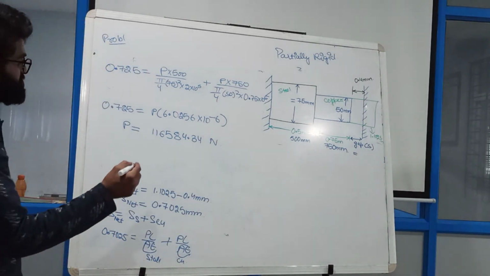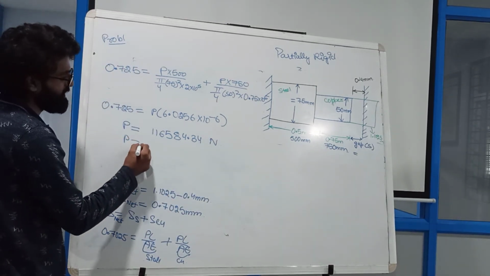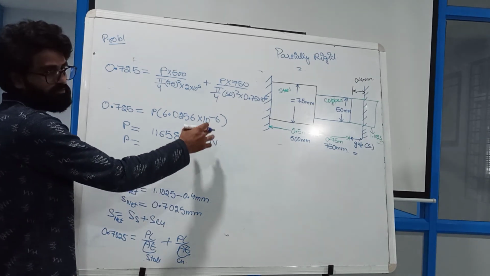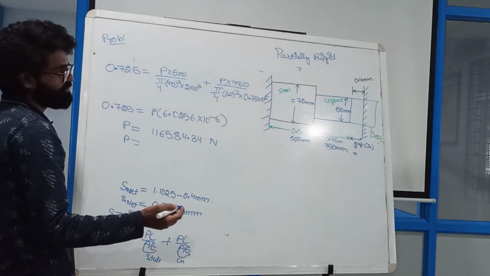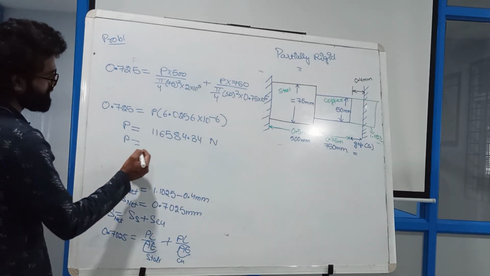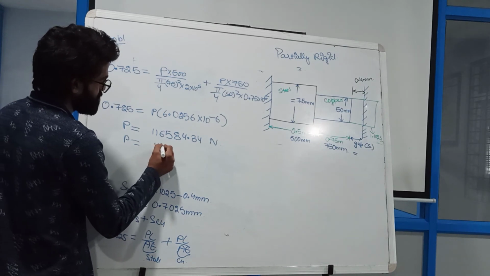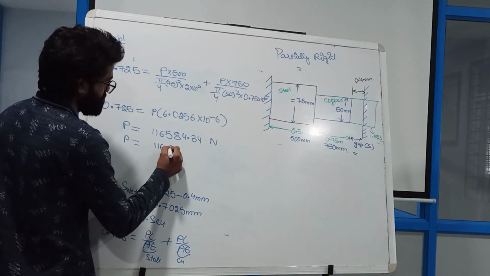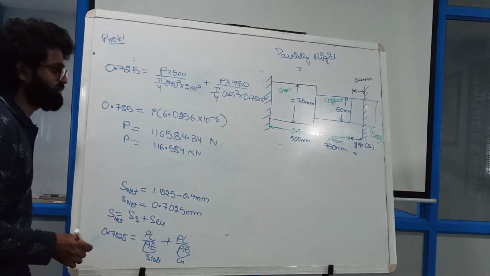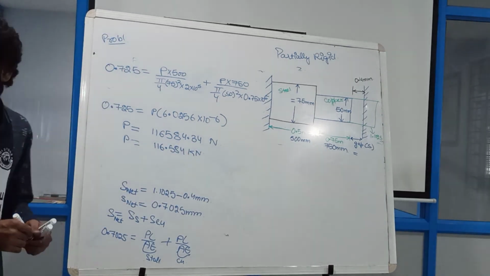If I want to change this value into kilonewton, then I divide by 10 raised to power 3, because Newton is small and I want to convert into big, and 1 kilonewton is equal to 10 raised to power 3 Newton. So I get 0.584 kilonewton. So I got my P value.